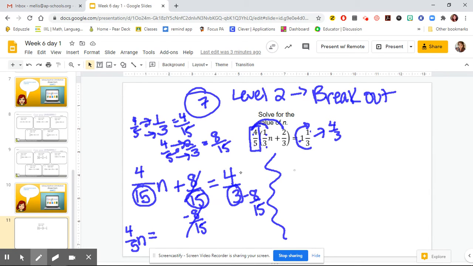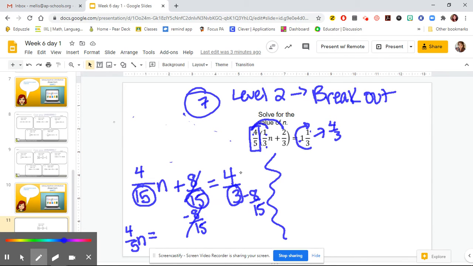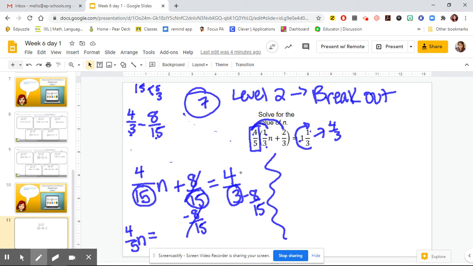And then if I want to, I have 4. I'm going to erase this top part up here. We have 4 over 3 minus 8 over 15. Common denominator between 3 and 15. I know 15 gets broken to 5 times 3. So I can make this 15 over 15.